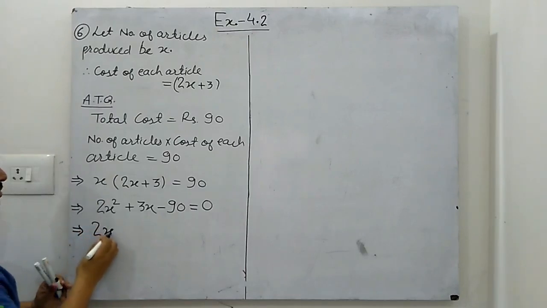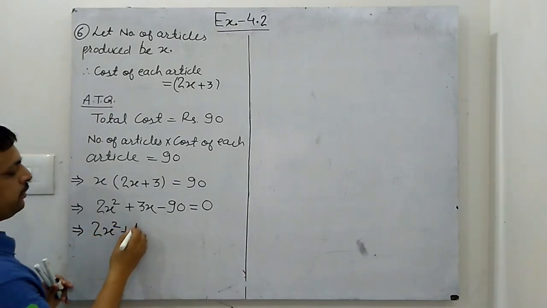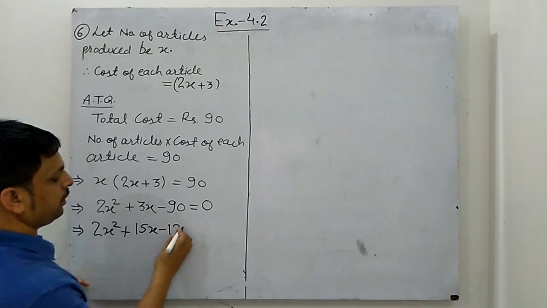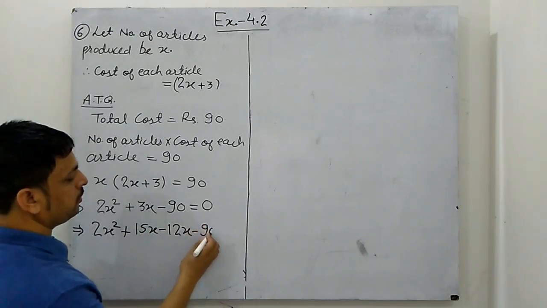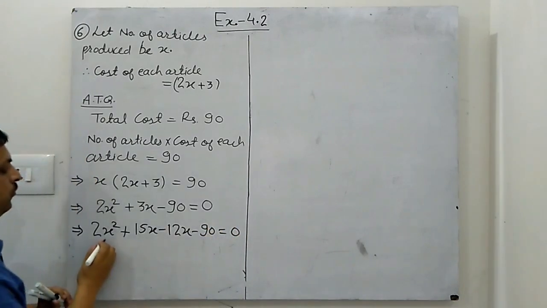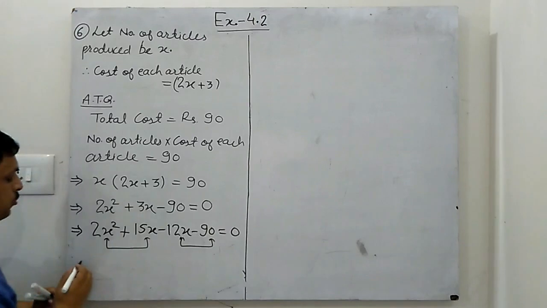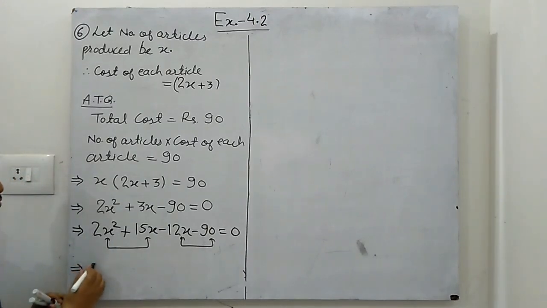So it is 2x square, 3x, positive 3x can be written as 15x minus 12x, and minus 90 is equal to 0. We can make pairs of first two and last two. So x is common.